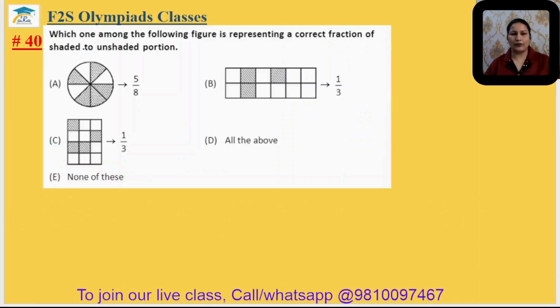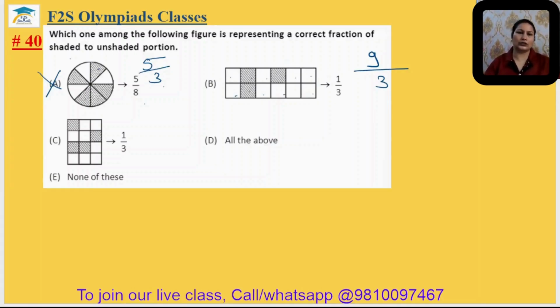Question number 40. Which one among the following figure is representing correct fraction of shaded to unshaded portion? Shaded to unshaded. So shaded are 1, 2, 3, 4, 5. This is 5 by 3. But this is 5 by 8. Not possible answer. Now unshaded 1, 2, 3, 4, 5, 6, 7, 8, 9 upon 1, 2, 3.